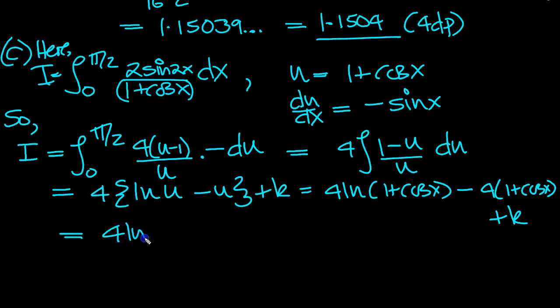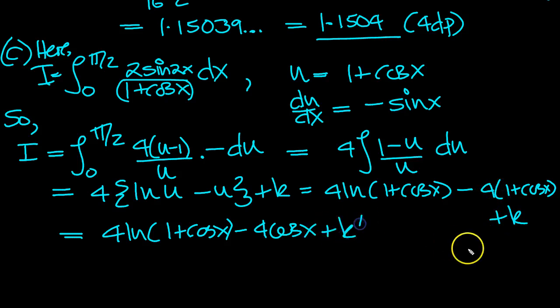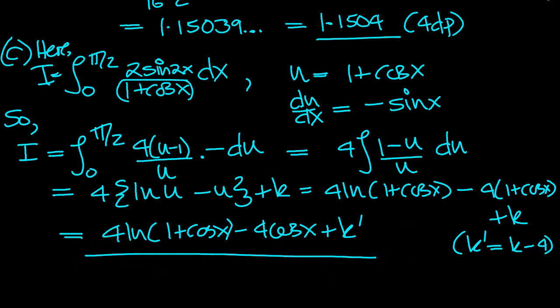So it's 4 ln of 1 plus cosine x minus 4 cos x when we expand the bracket. And then we've got minus 4 plus k, which we can write as plus k dashed. Here k dashed is equal to k minus 4.